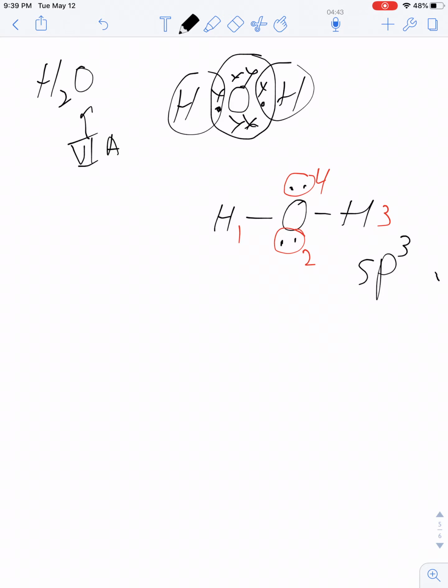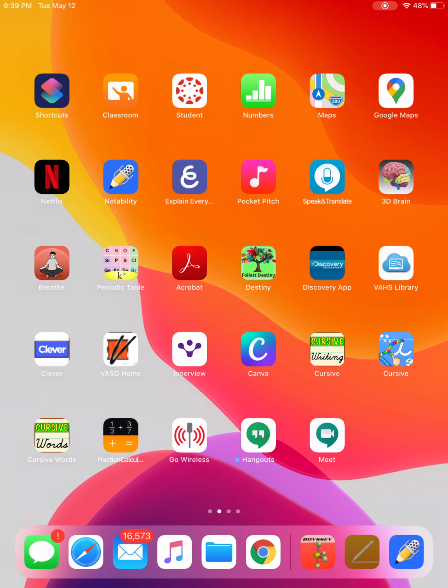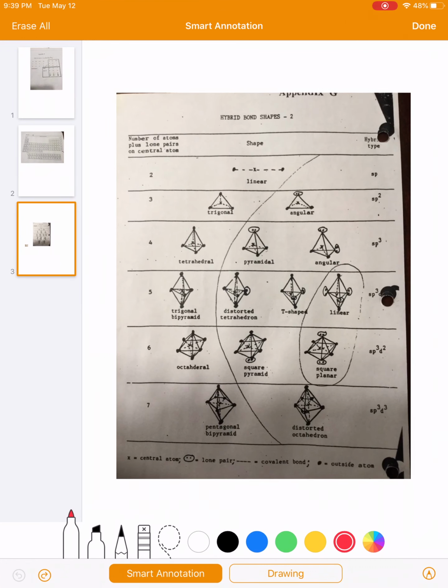That's right, 4. So when I look at Appendix G, another way you can look at this is there's the number 4. So my hybridization is sp3. So I've got 3 options: tetrahedral, pyramidal, or angular. Well, which one has 2 atoms and 2 lone pairs? So my answer is angular.